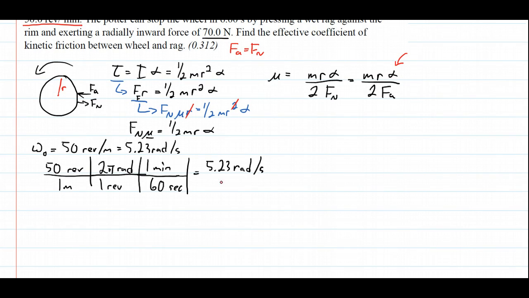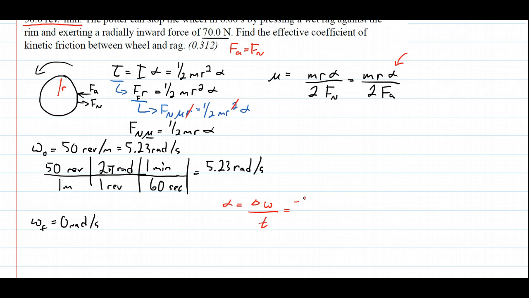So from our initial angular velocity of 5.23 radians per second, we also know that our final angular velocity is 0 radians per second. So we can easily find our angular acceleration as just our change in angular velocity divided by time.